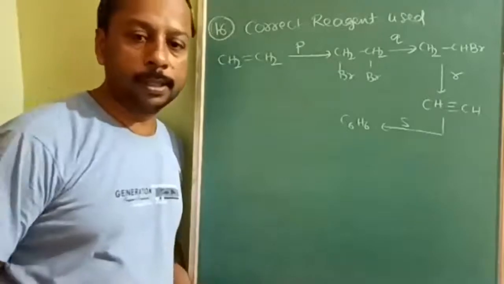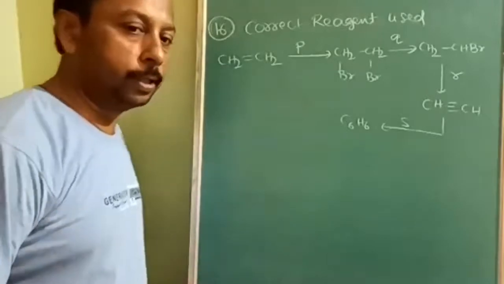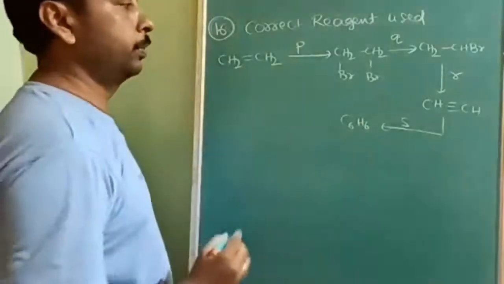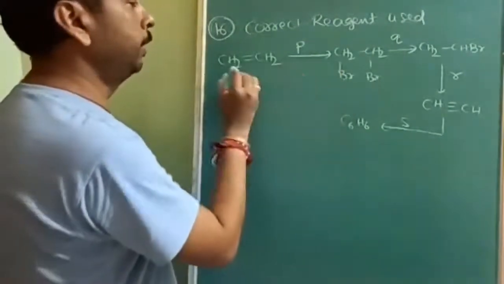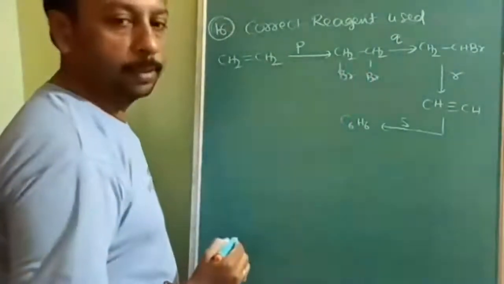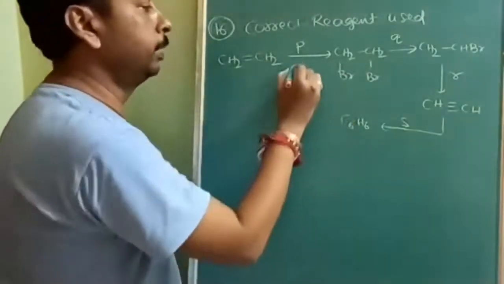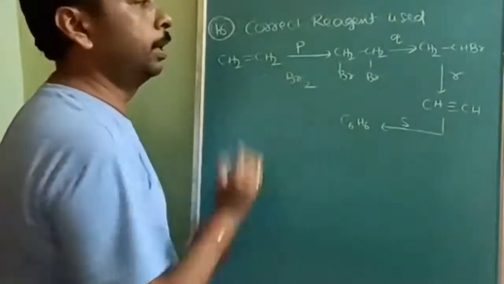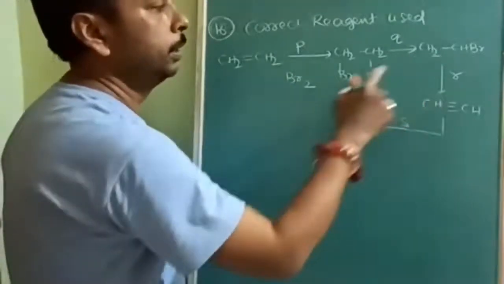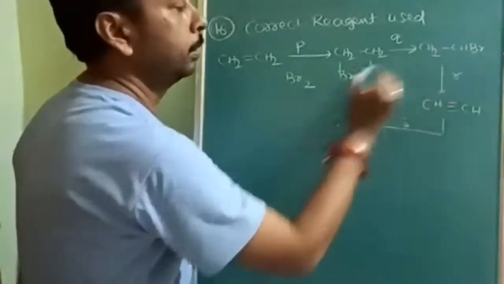Okay. This is the conversion given. You have to write the suitable reagent. If you compare here, the double bond is converted into a single bond, and that is because of the addition of bromine. So the first one should be Br2. After that, what happened?